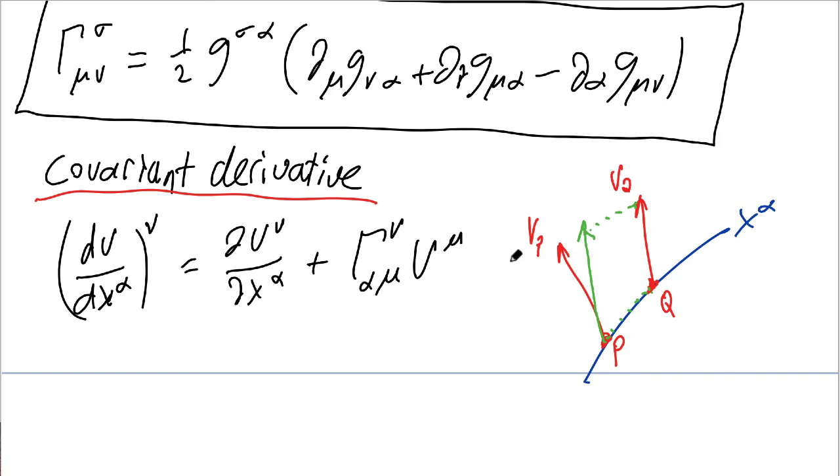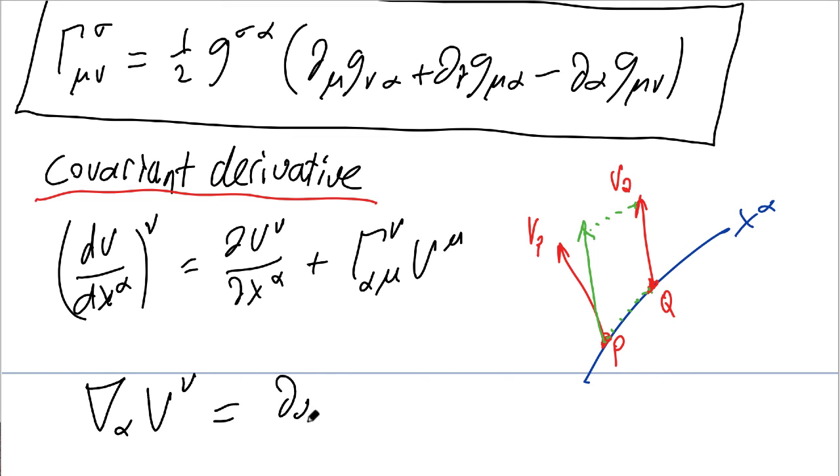And before we close for this lecture, let me introduce a more common notation for this. Remember, the meaning here is the derivative of the vector field along this coordinate line, and that vector field can be expressed in a coordinate basis. So this is the nu component of that vector field. The standard notation for the covariant derivative is del alpha, that's the del symbol or the nabla, v nu.